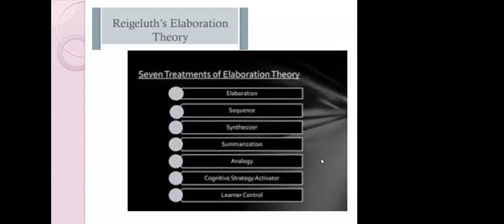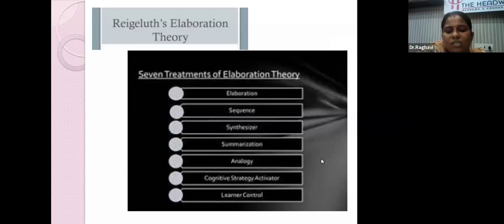Yes. Okay. So here, what he says is, there are certain treatments. The first is elaboration. You're trying to organize the structure of your coursework in such a way that the lesson, the module that you elaborate upon, the previous lesson is in the sequence, conceptually, theoretically, procedurally.